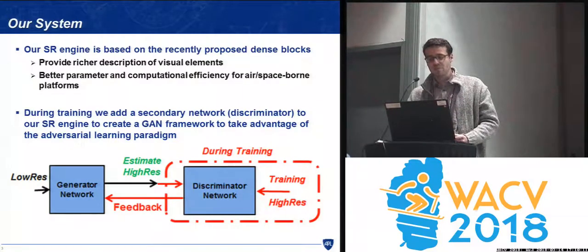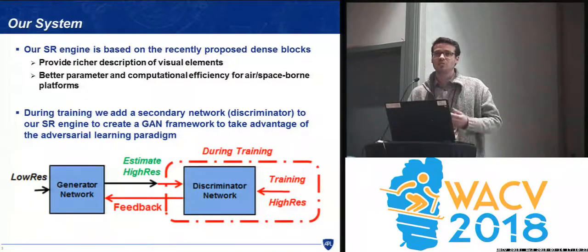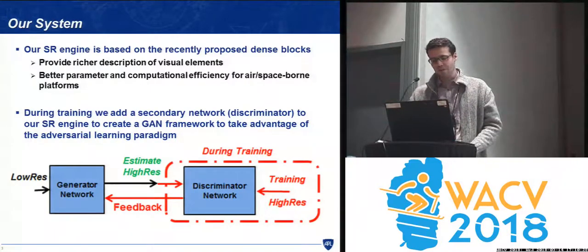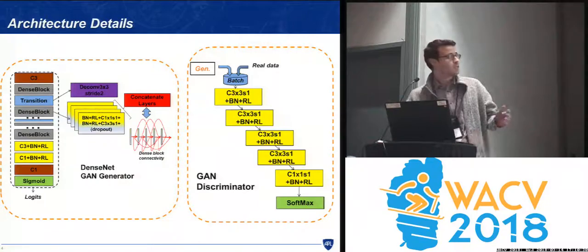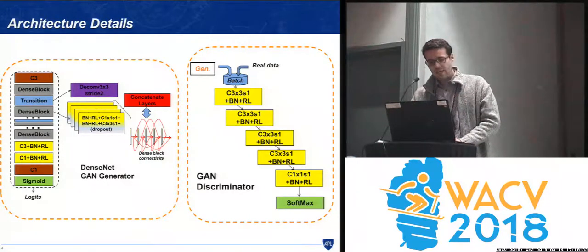As training progresses, the generator, or our super res network, gets better and better at producing a more realistic version of the image, and the discriminator needs to spot when it is a generated image, not a real one.